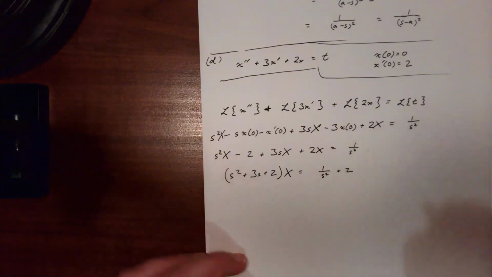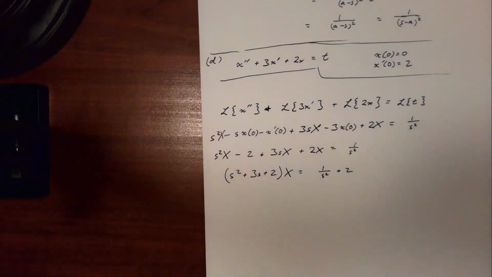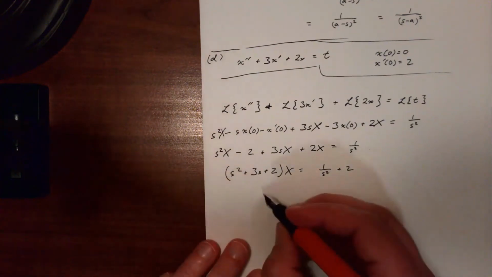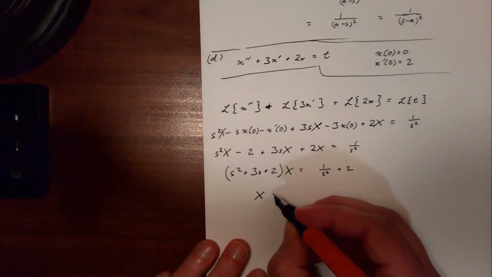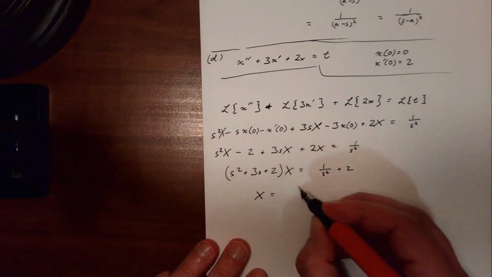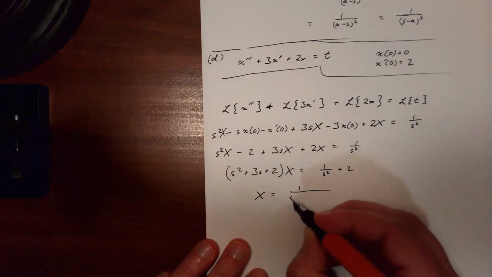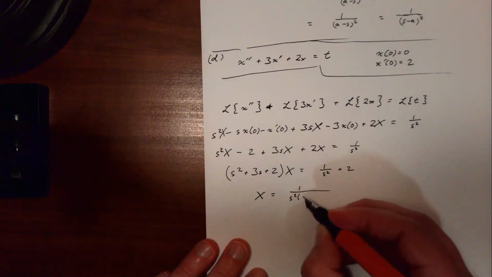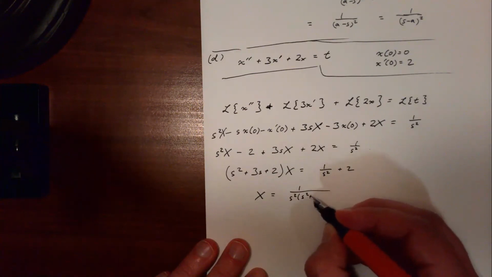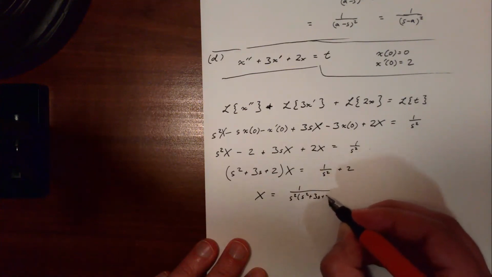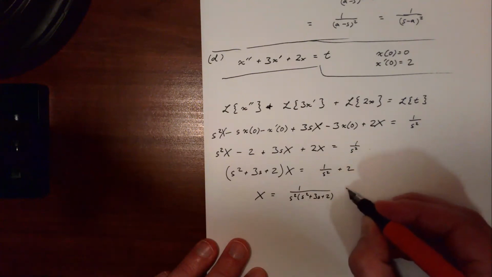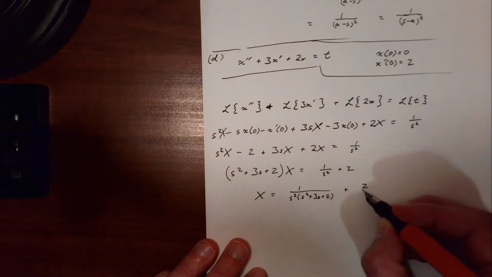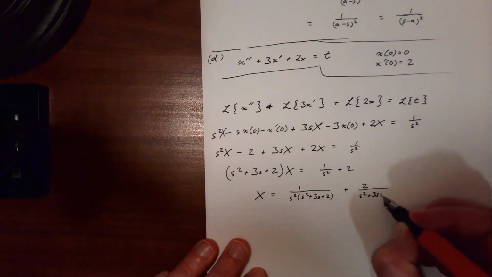If I move everything that didn't have the X on it to the other side, and then divide everything by this, then I will have capital X equal to 1 over s squared times (s squared plus 3s plus 2), plus 2 over s squared plus 3s plus 2.